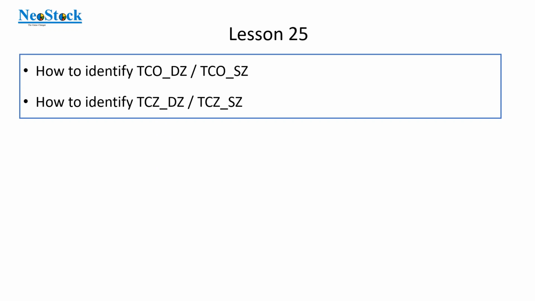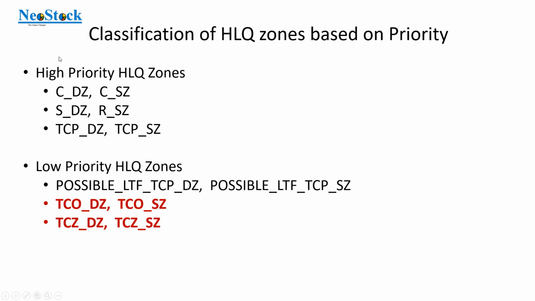Even though they are high probability, again I classified them into high priority and low priority. But please remember, both are high probability trade setups. Within the high probability, one has a higher score, another has a lower score. So that's why I named them high priority, high liquidity zones and low priority, high liquidity zones.